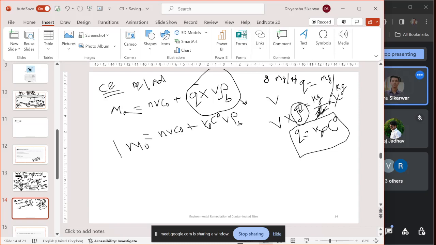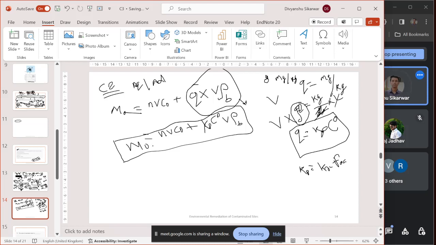This is the M naught, and Kp value. The formula I've already told: KOC, FOC.